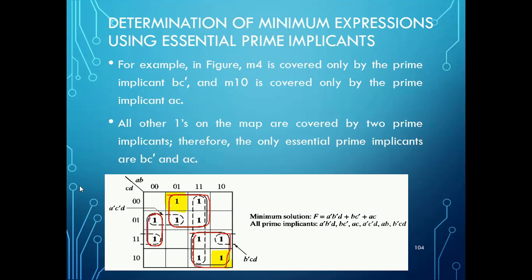Maybe like this you may encircle and find the solution. So that's why BC bar and AC are the essential prime implicants.